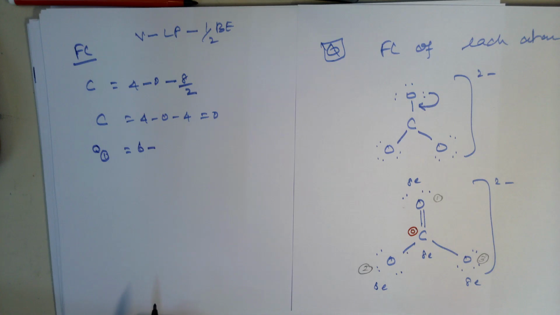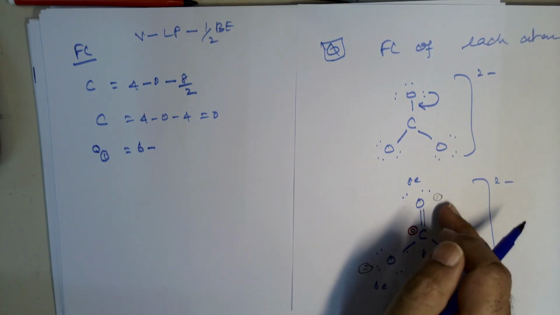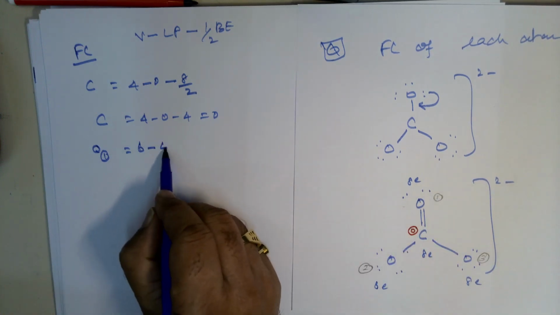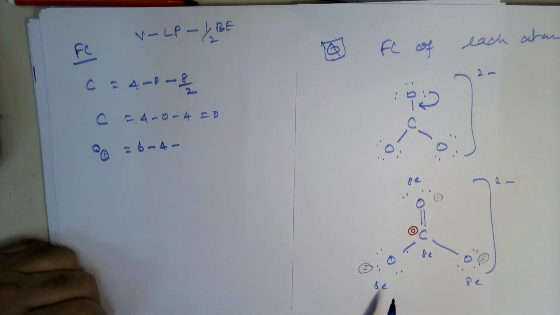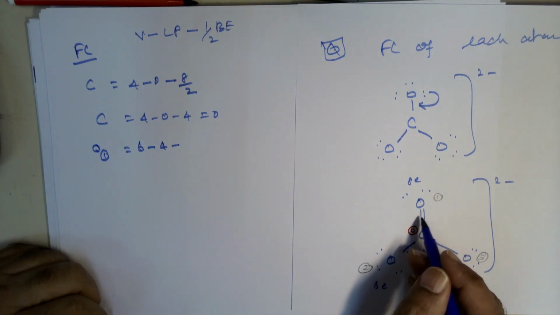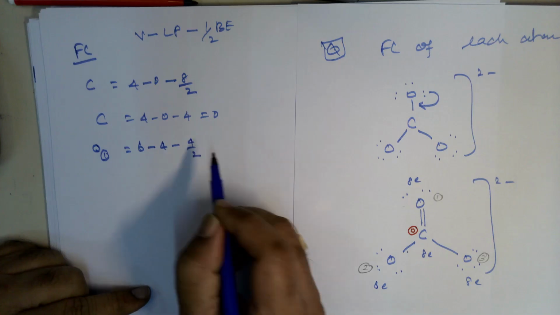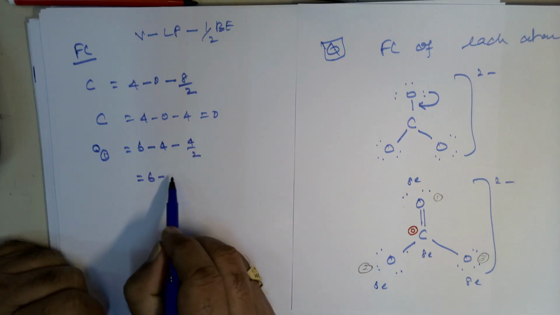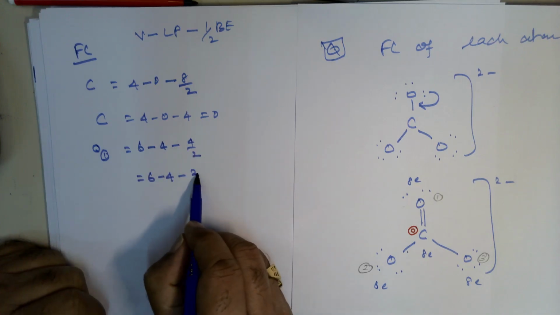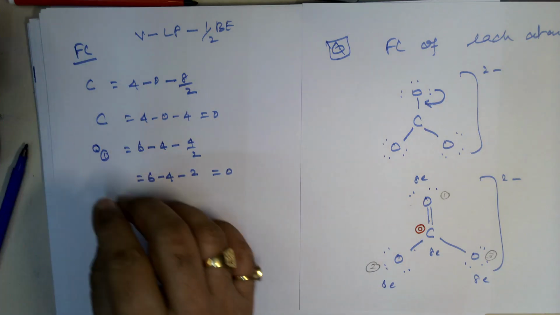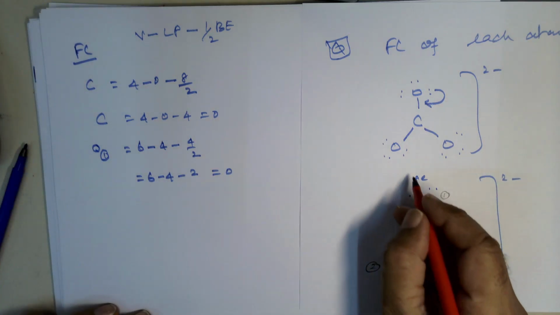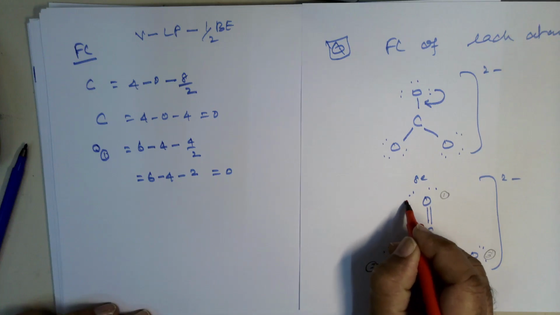How many lone pairs of electrons for oxygen 1? 4. Minus half of 4 by 2 plus 2, 4 by 2. Now 6 minus 4 minus 2 is equal to 0. So you can put 0 for this one.